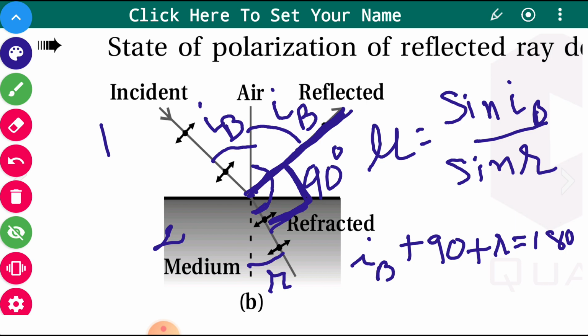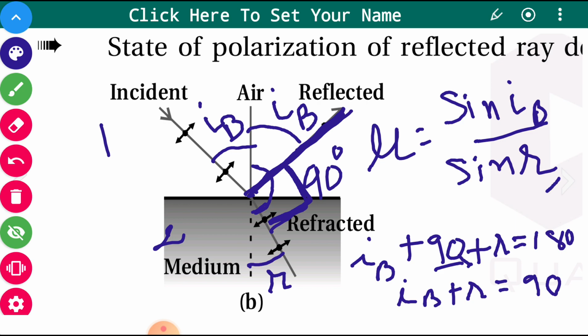So IB plus R is equal to 90, because the 90 goes to the other side, 180 minus 90 becomes 90.